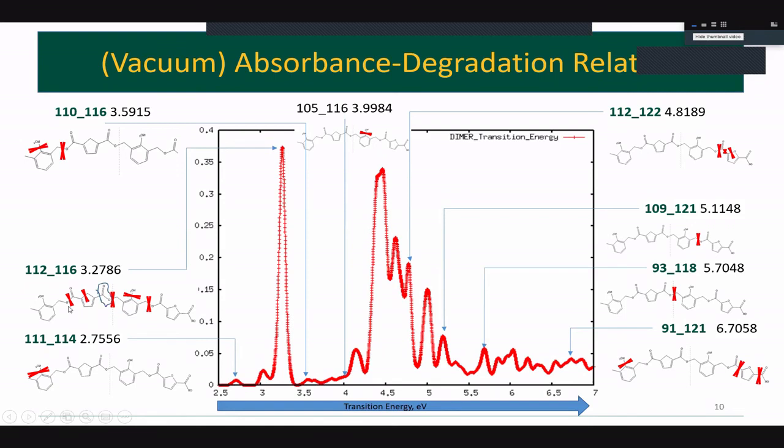These red X's indicate which bonds had broken throughout the simulation. You can see when electrons jumped between different orbitals, let's say 111 to 114, very few bonds broke.